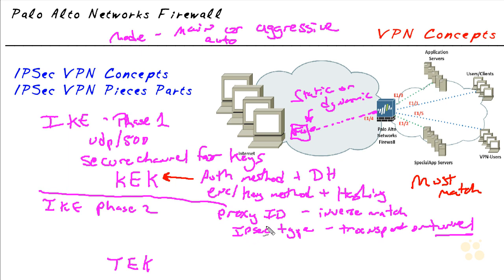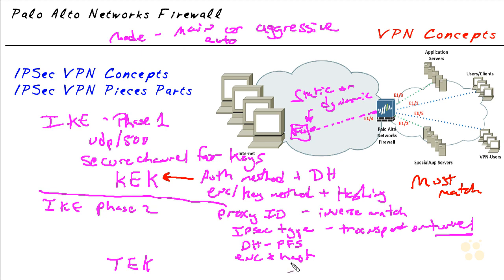I do have a Diffie-Hellman part on here. Basically, am I going to be doing what they call PFS or perfect forward secrecy? I do have a key algorithm again, so an encryption algorithm and a hashing algorithm. So again, I'm into DES, triple DES, AES over here. I'm into SHA or MD5 over here.